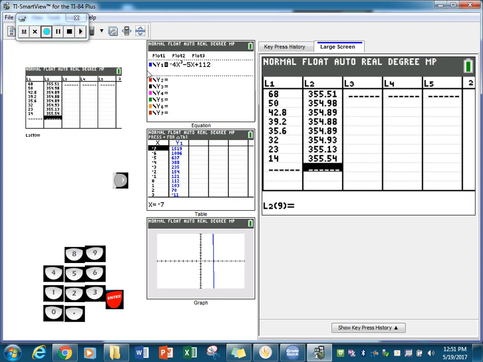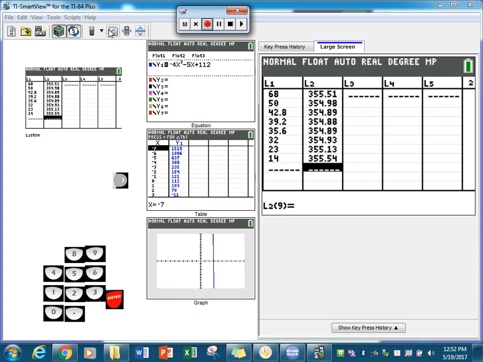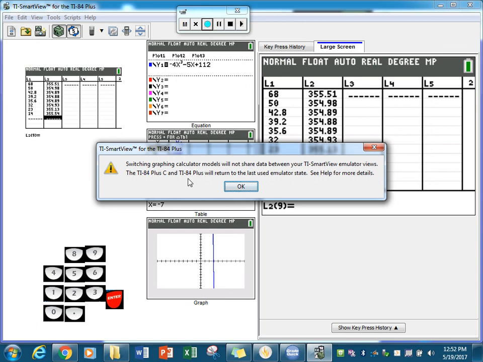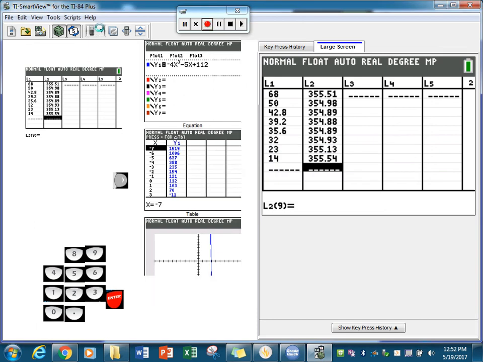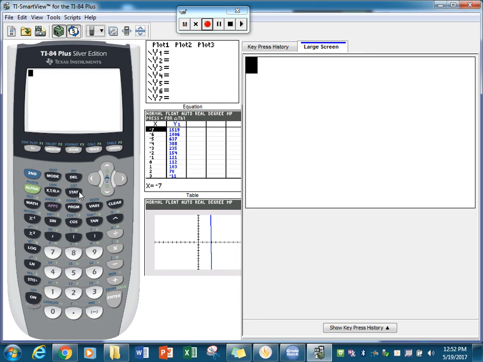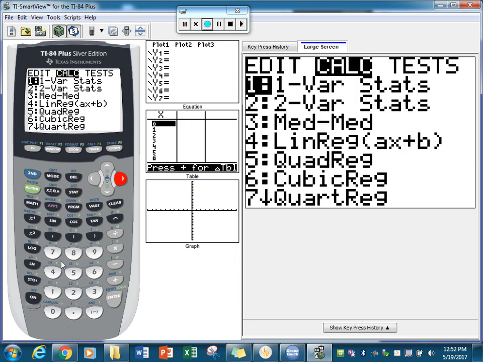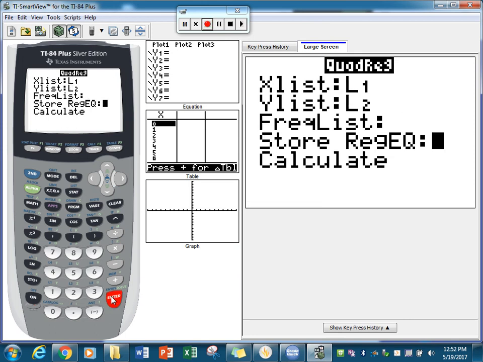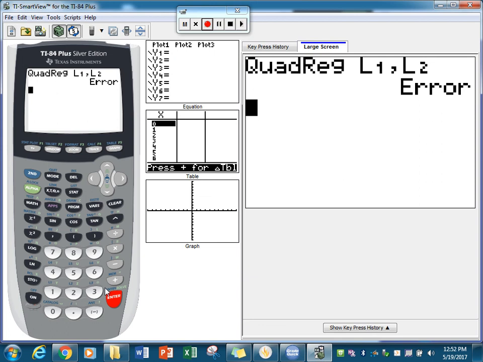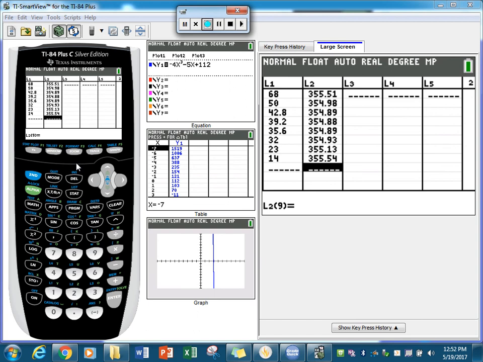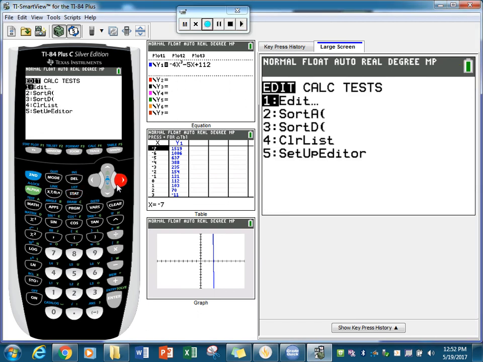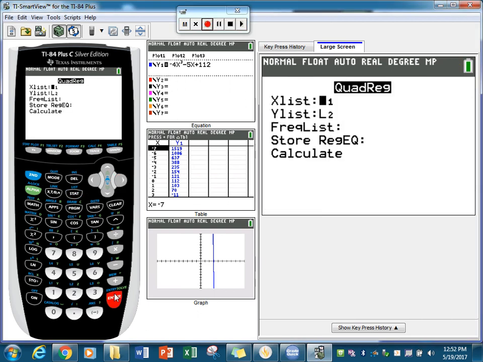I don't really know. Okay. So we'll do stat over, and we're going to do quadratic, which is number 5. Okay, so stat over 5. Sorry for the technical difficulties.